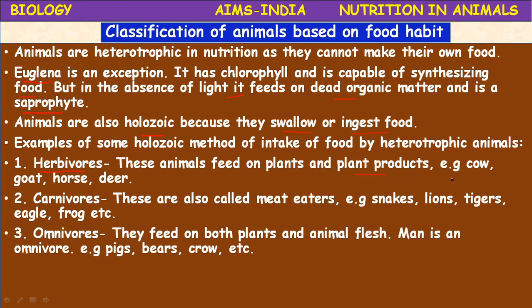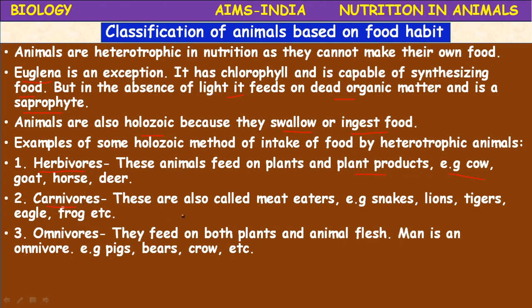Such animals are called herbivorous animals or herbivores simply. Example: cow, goat, horse, deer, camel, giraffe. So many examples are there. You can add to that examples.